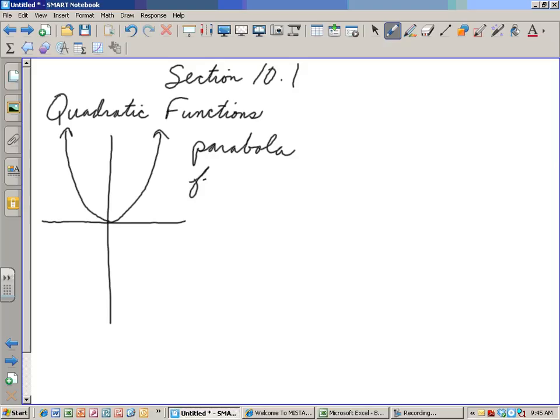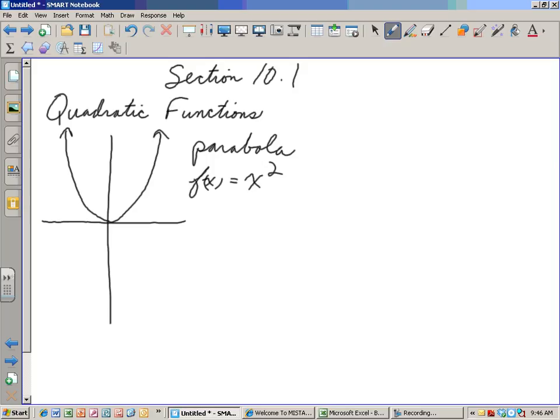And if we write this in function notation, we know that f of x is the same as y, correct? And if we have an equation with degree 2, that is quadratic.